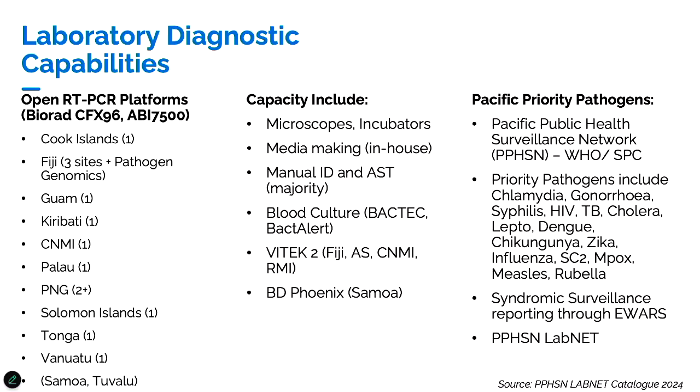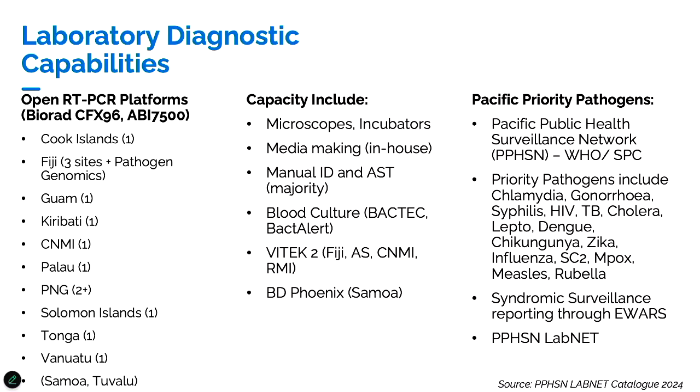As such, capacity building includes Cooks, Fiji, Guam, Kiribati, CNMI, Palau, PNG, Solomons, Tonga, Vanuatu, and I've got Samoa and Tuvalu in brackets because they do have CFX96s, so qPCR capability, but it hasn't been implemented to be functional yet for any diagnostic assays. And prior to SARS-CoV-2, for example, for the outbreak, only Fiji had PCR capability in that list.